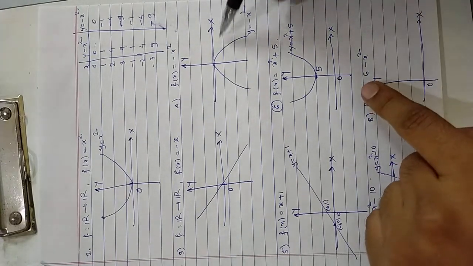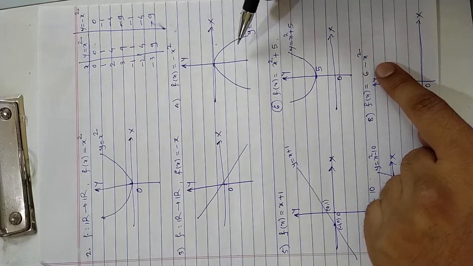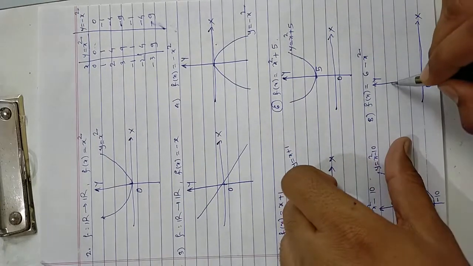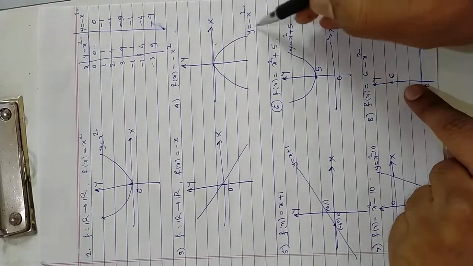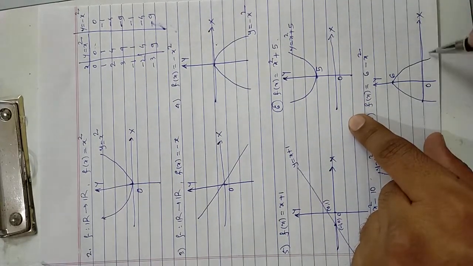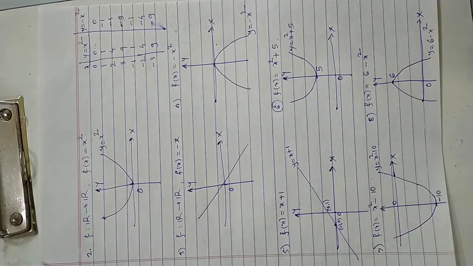So in the graph of minus x square, plus 6 will be added to every value. So the graph will move in the upward direction. So if here it is 6, draw the graph of minus x square at this 6. So this is the graph, the parabola. It is y equal to 6 minus x square, or minus x square plus 6.